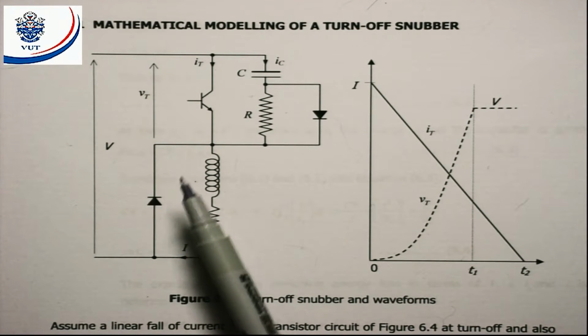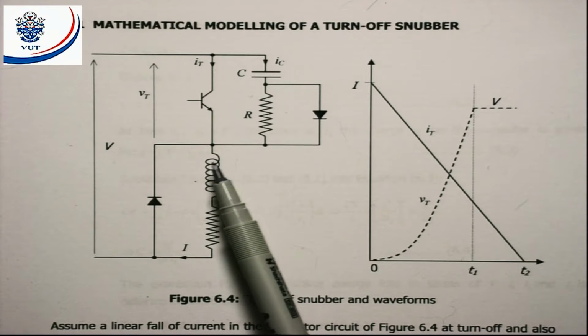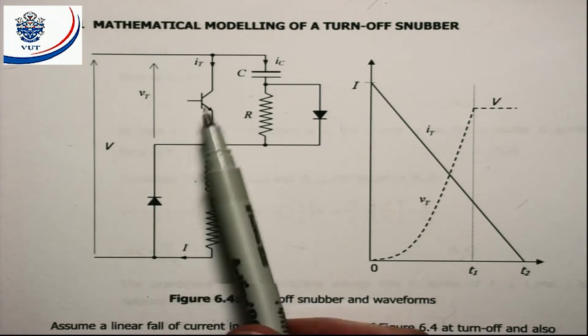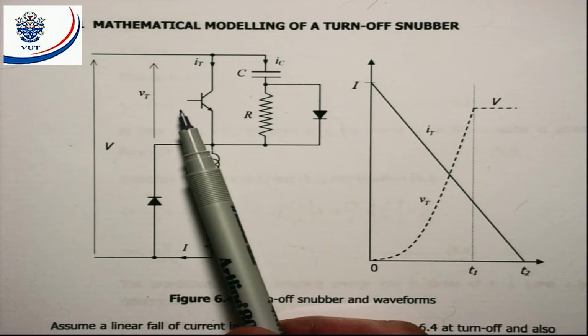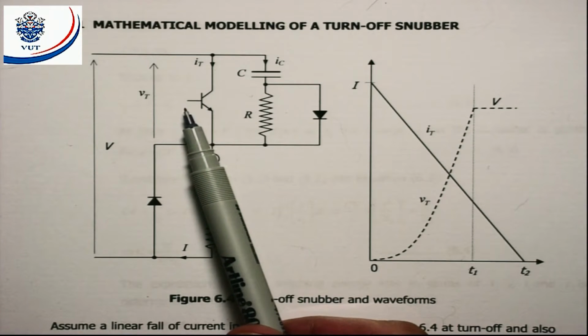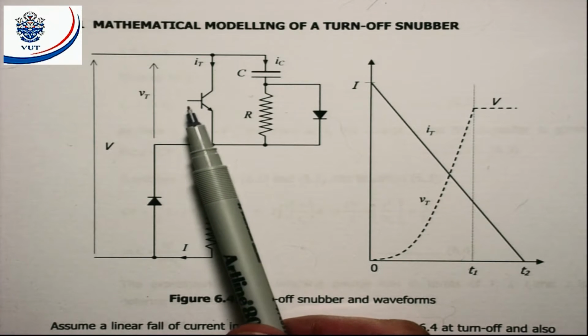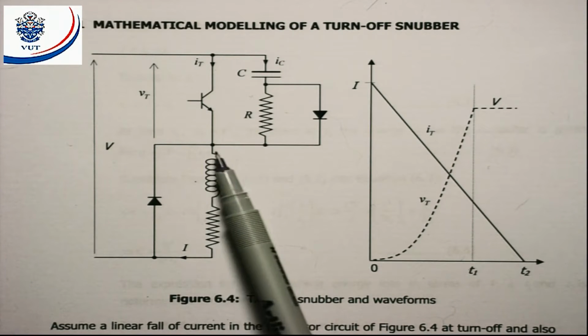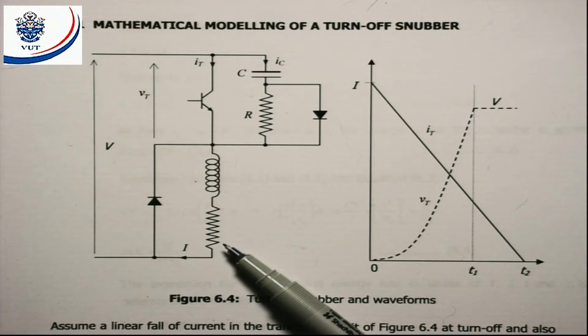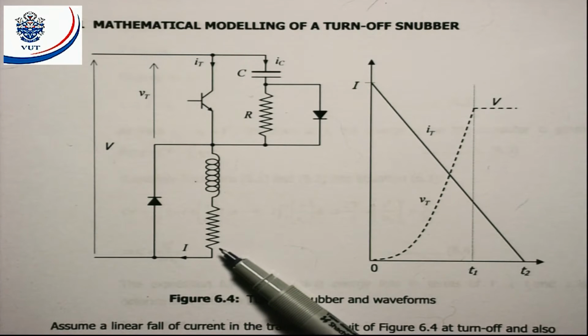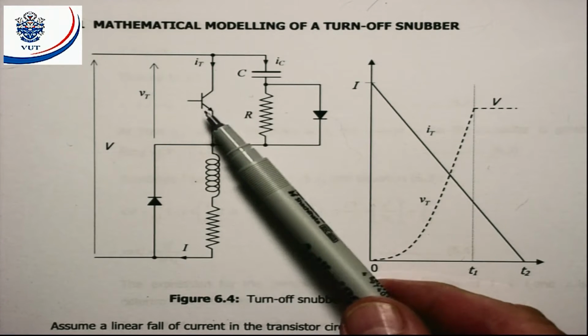Now, the circuit as we have it here implies that we're going to switch this device on and off, and we're going to do this at a very high frequency. So high a frequency that the load current will not change substantially in a cycle of switching on and off.